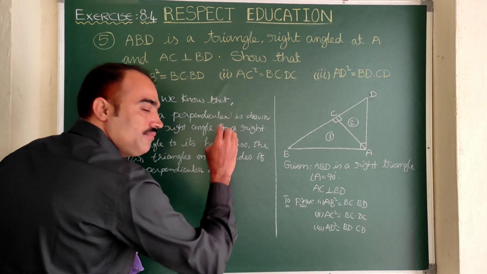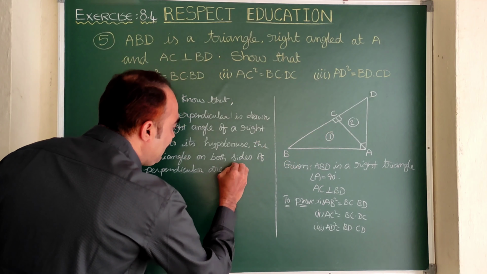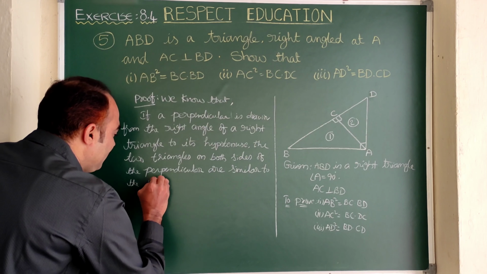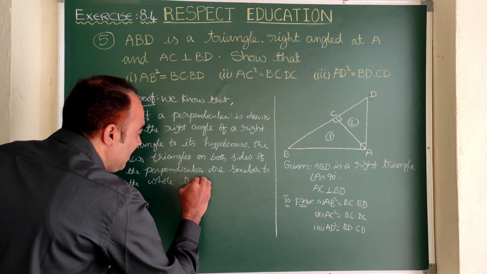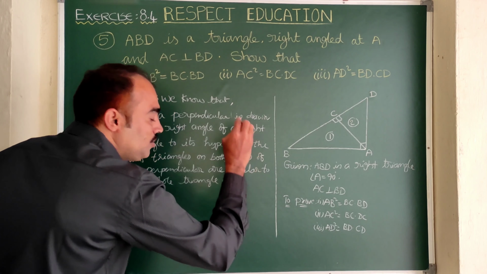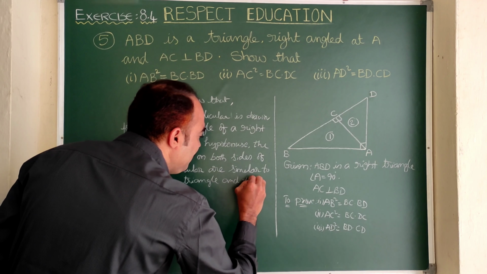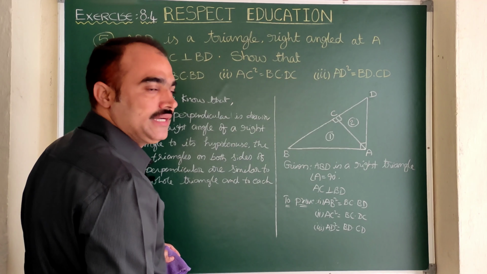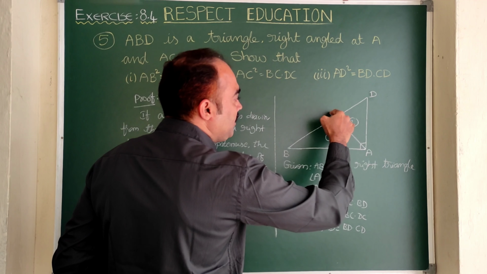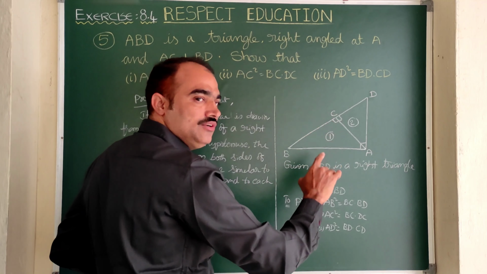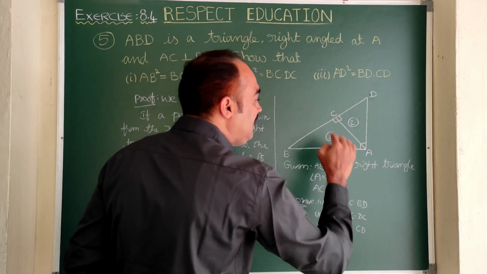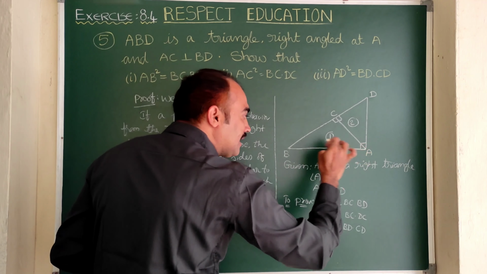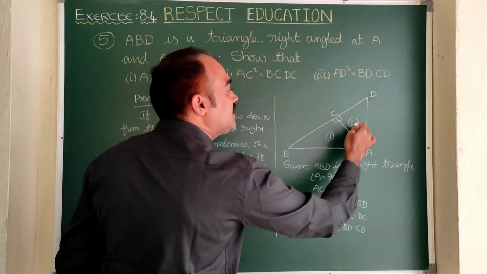These two triangles are similar to the whole triangle, and also to each other. The meaning is that simple. Here when we have drawn a perpendicular from the right angle of a right triangle to its hypotenuse, two triangles are formed on both the sides of this perpendicular. These two triangles are similar to the whole triangle DAB, and also they are similar to each other.